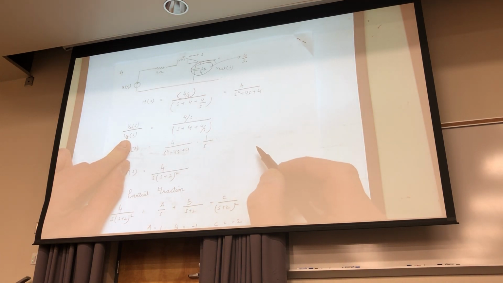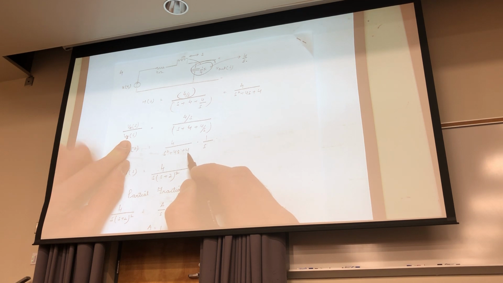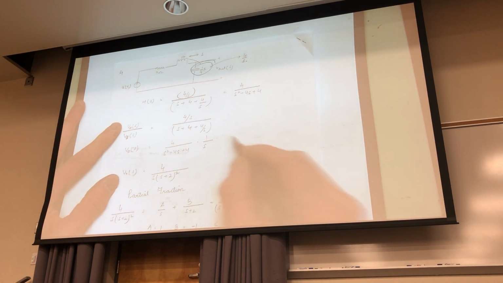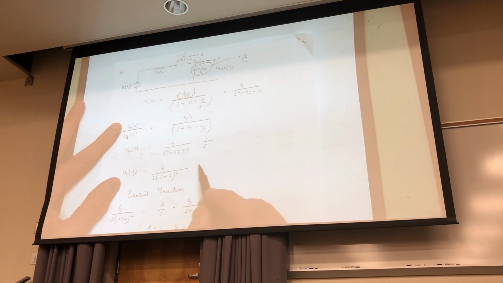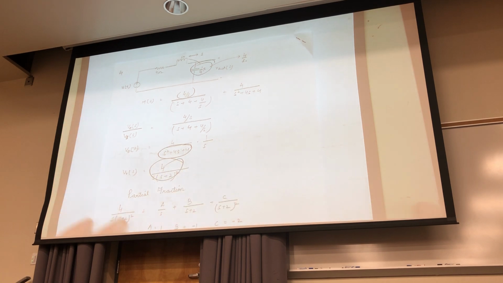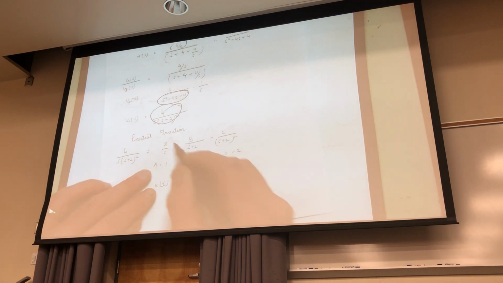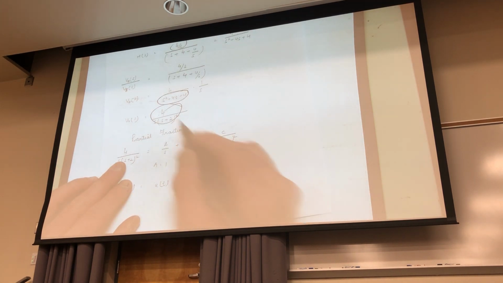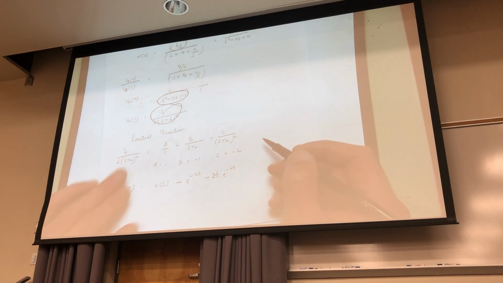And in doing so, I'm going to get S squared plus 4 over S squared plus 4S plus 4 right here times 1 over S here, and then this is a perfect square. That's S plus 2 squared, and I get this. Agreed, class? Going down, you're going to have a simple pole A over S, then B over S plus 2, then C over S plus 2 squared.